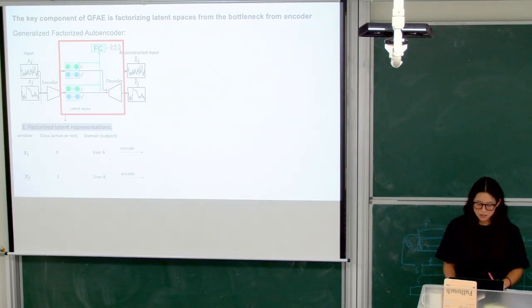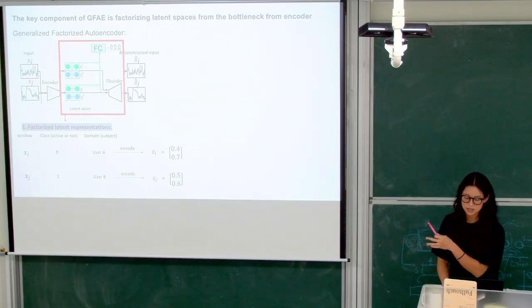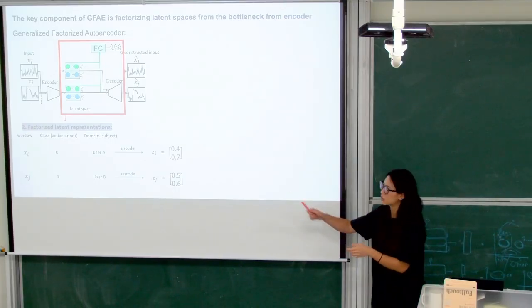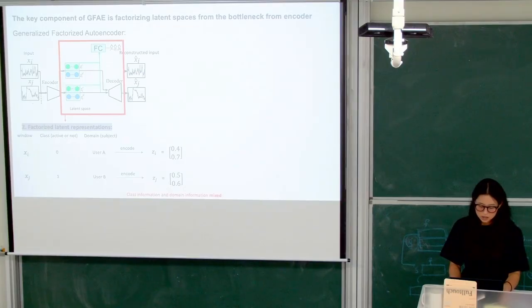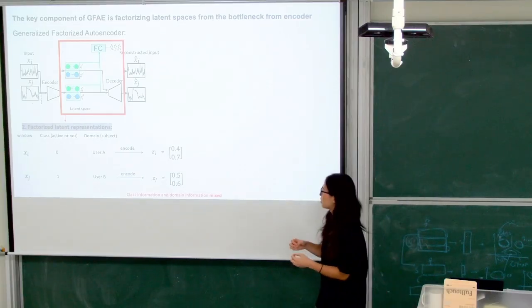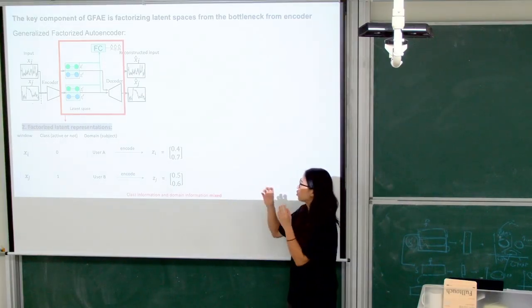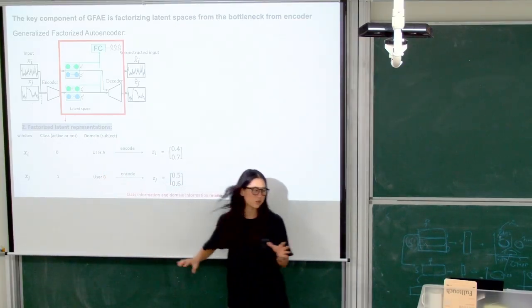I'm going to skip the encoding part, but let's say we have a latent space that looks like this. We know that this latent space is a mix of class information and domain information, because it's computed from windows, so they're all mixed.